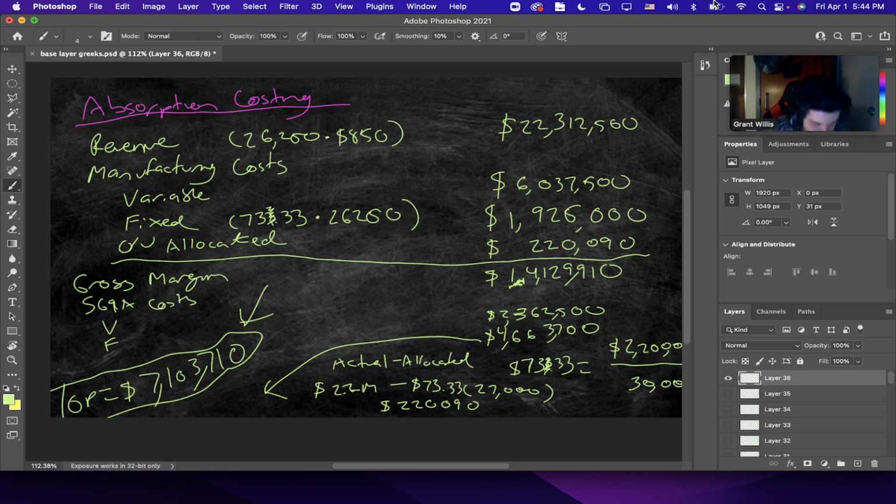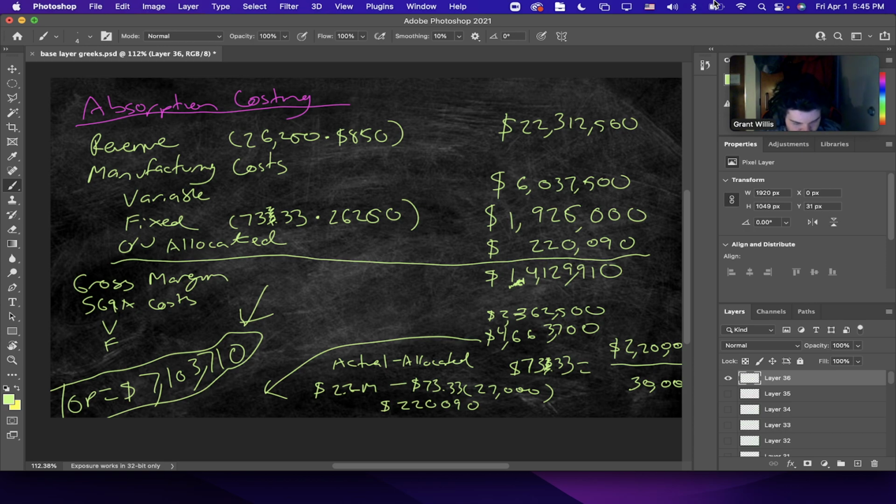So the variable SG&A cost is the units sold times the variable cost we found previously. Yeah, it's going to be the same number as the variable costing. Oh, like the 2,362,500.